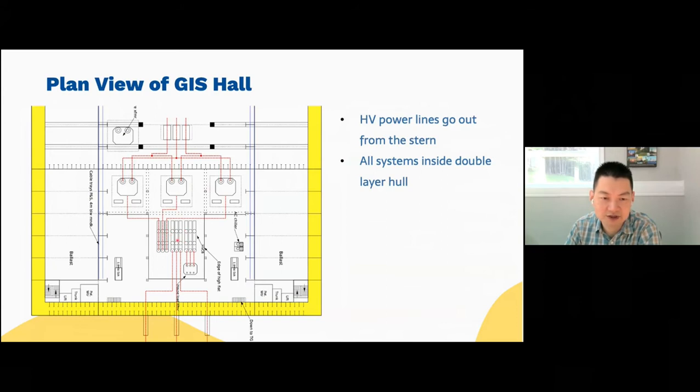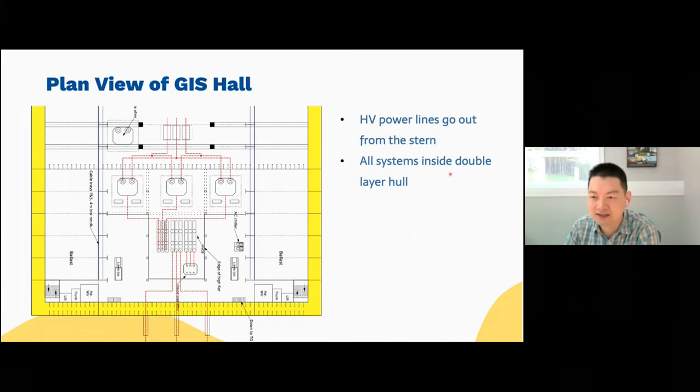There's a high voltage circuit breaker, and this one is the house load transformer. It provides power to operate the power plant, but the main power goes out from the power plant by the stern. And again, you can see empty space. We call it ballast on both sides.